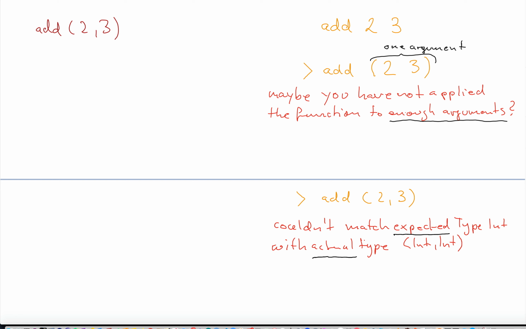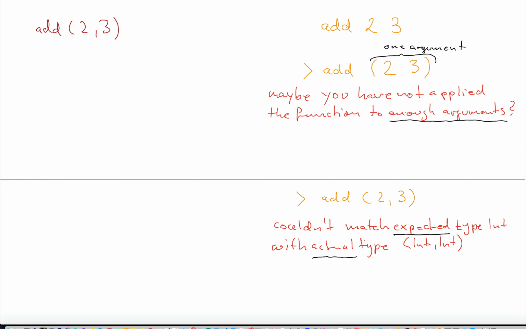So first of all, let us quickly explain what these expected and actual types are. Sorry for being pedantic here, but I feel like I should write type with a little t here.